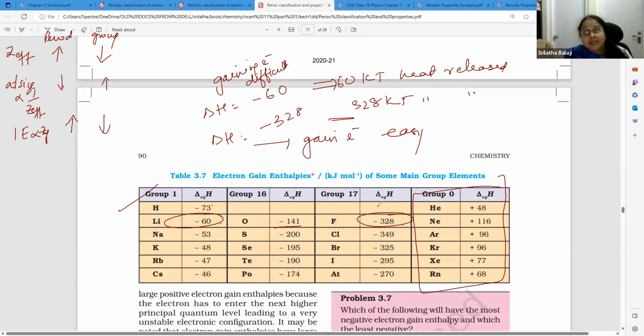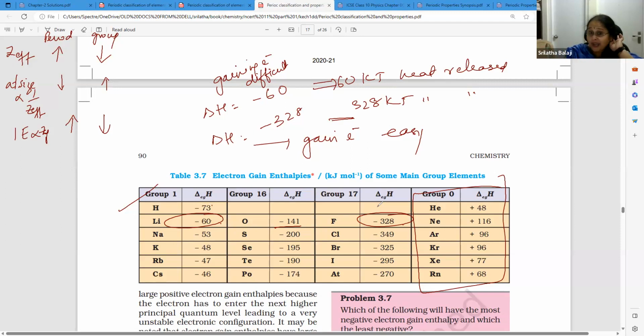So more negative means more heat is released. Gaining electron is easier. So what happens to this addition of electron when you go from left to right? It becomes easier. Are you getting it? Addition of electron becomes easier when you go from left to right.